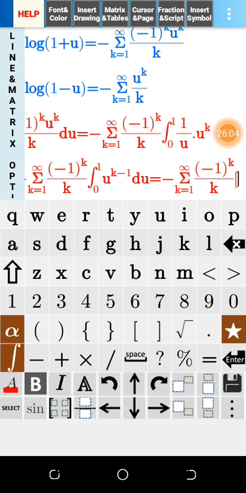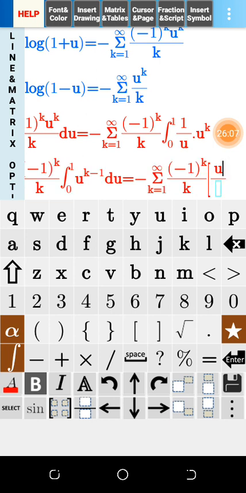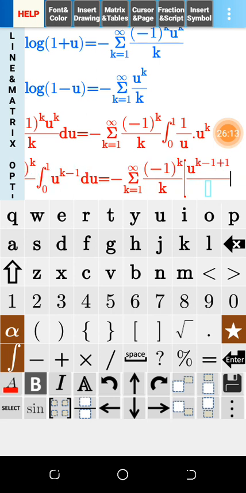So the integral of u^(k minus 1) is u raised to the power of k minus 1 plus 1 over k minus 1 plus 1.